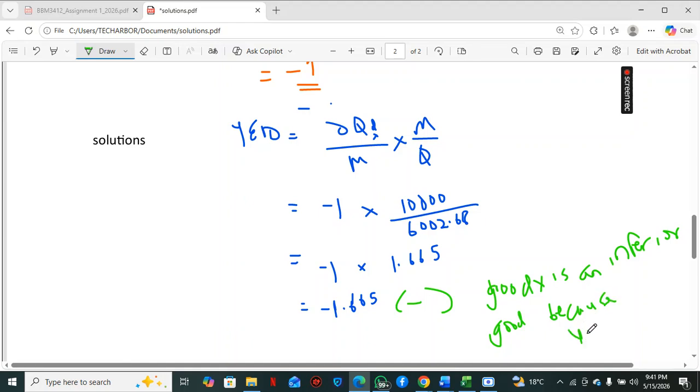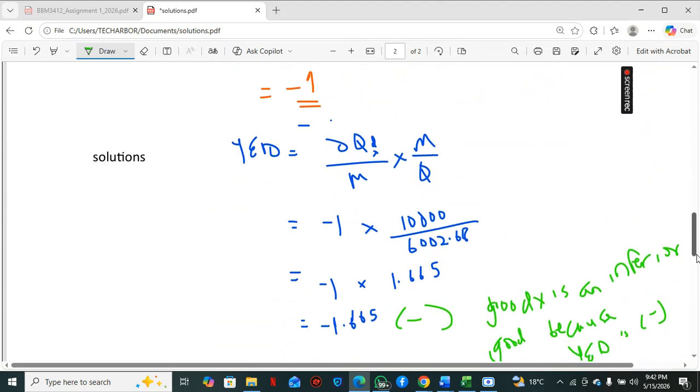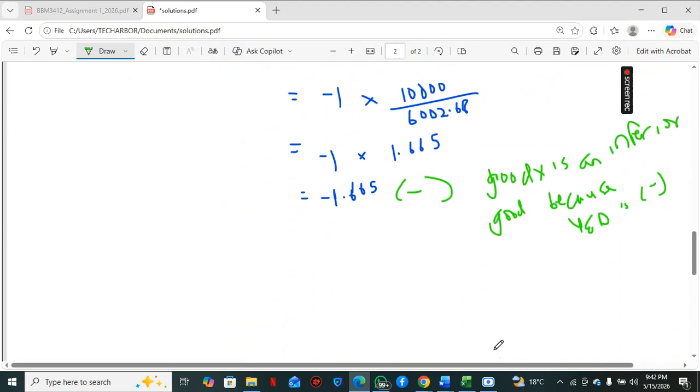Income elasticity of demand is negative. And here, X and Y are substitute goods because XED is positive. Or you can even say the coefficient is positive, and you can look at the coefficient and say one is positive, one is a negative coefficient.